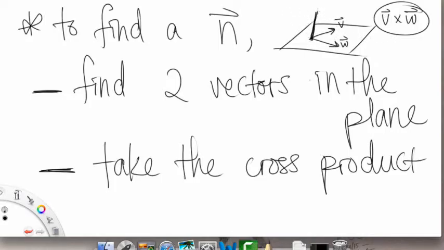So we're going to get something that looks like that. So this N is going to be perpendicular to V. It's also going to be perpendicular to W. So we found a solution for our normal vector to the plane.